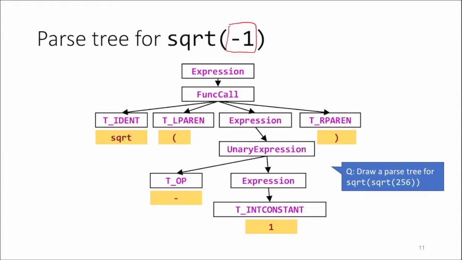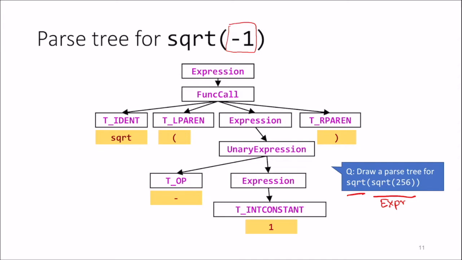So the question I want you to answer for this stage of syntax analysis is, can you draw a parse tree for this input? It's a square root of 256. Notice that in this case, this is an expression, and the question can be answered by trying to look at whether square root of 256 is a valid expression.